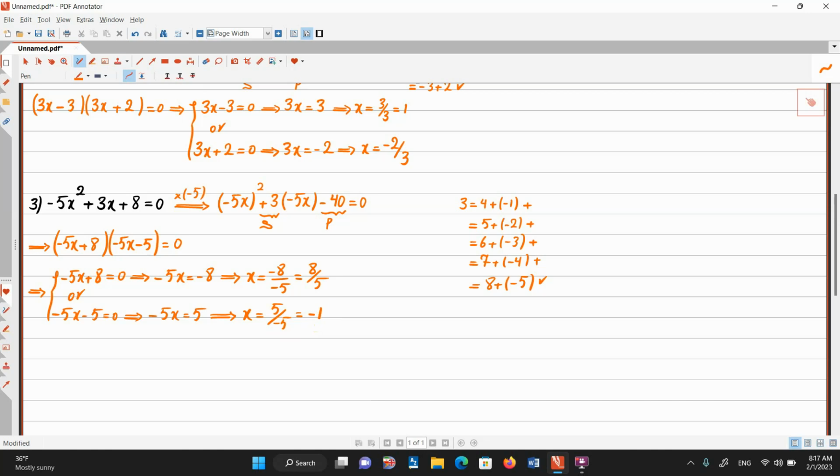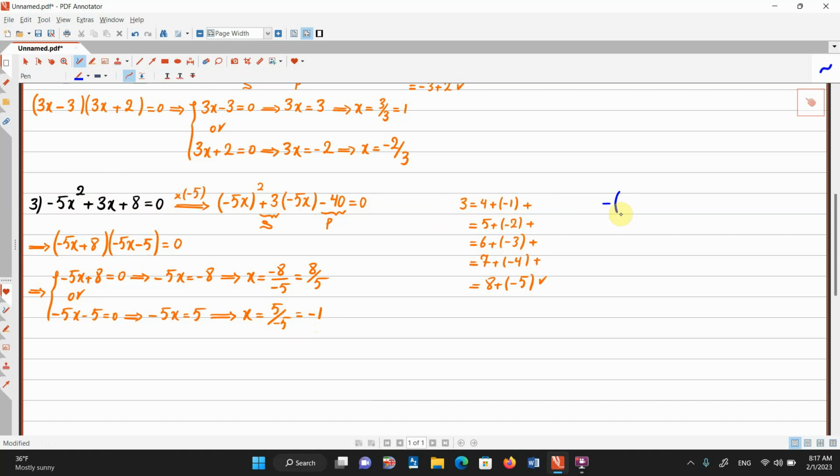Okay, at this step, you will ask me, what is the second method? You mentioned that already. Yeah, if you want to follow the second method, first of all, factor out a negative in all terms.